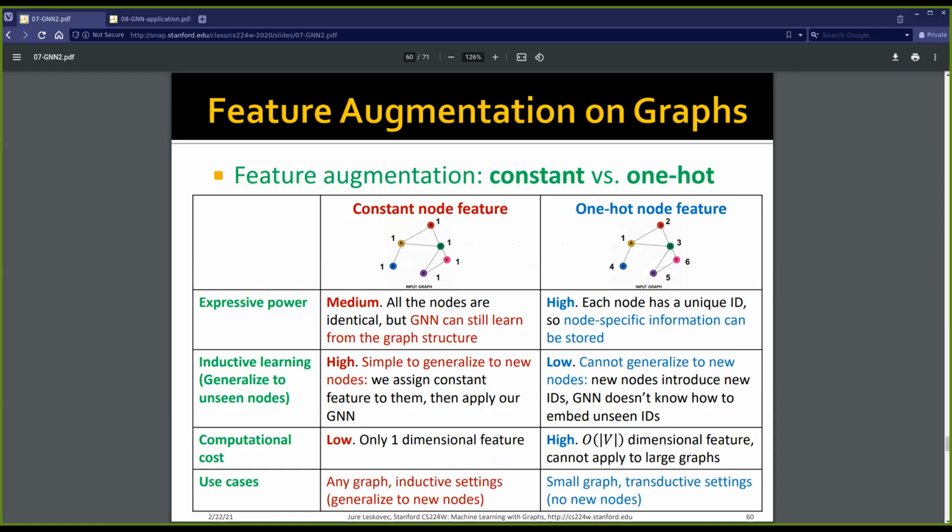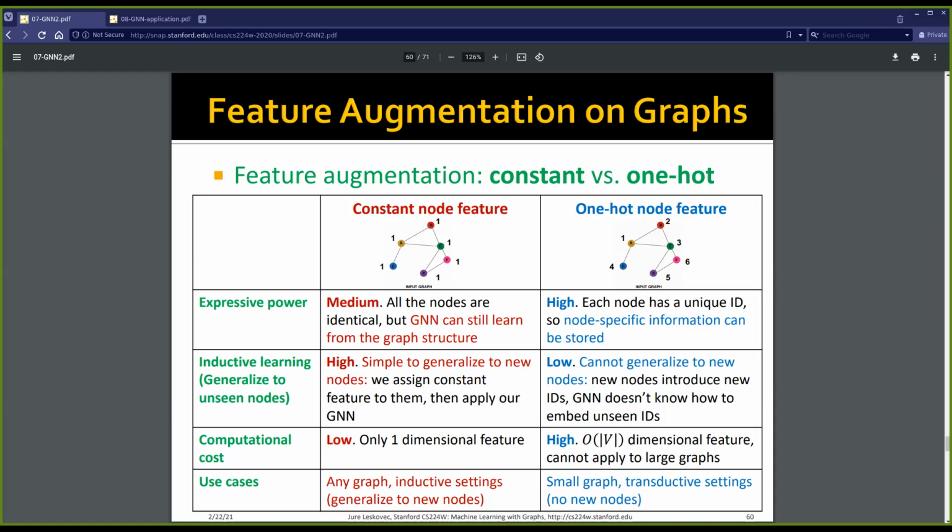What are the pros and cons of both approaches? In the case of a constant node feature, the expressive power is not that great, but it is possible to perform inductive learning, so to generalize to unseen examples. The computational cost is also low.